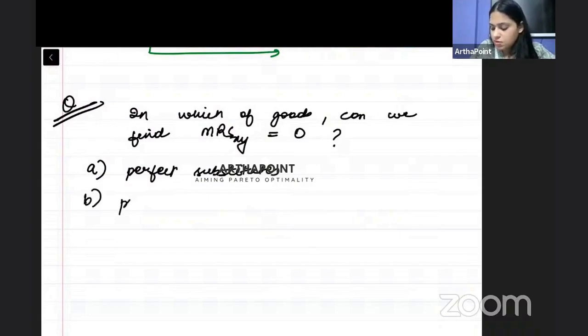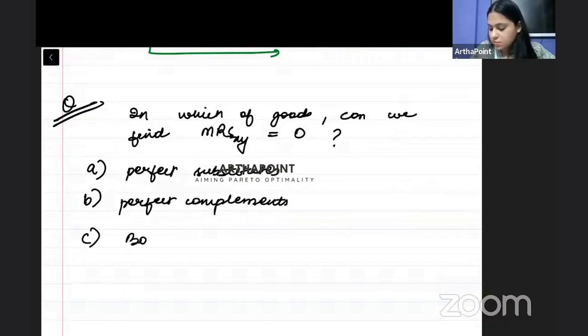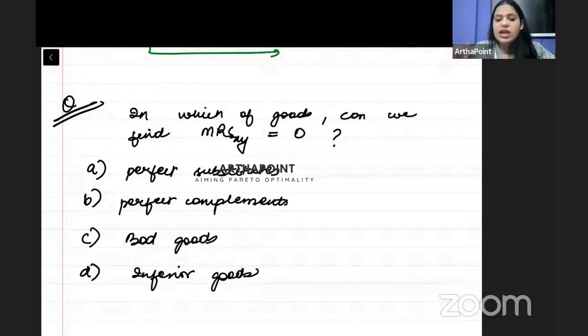Option number B, perfect complements. Option number C, bad goods. Option number D, inferior goods. In which goods can you go ahead and find the case that MRS will be 0? MRS 0 किन goods में हो सकता है? Try to think about it, beta.